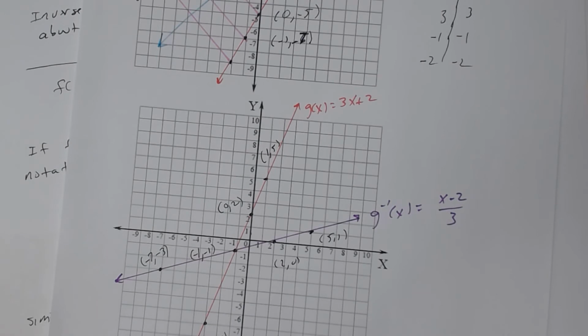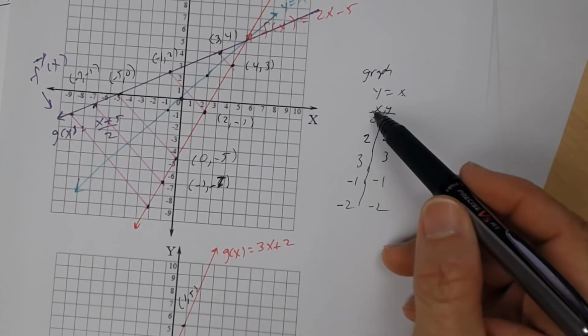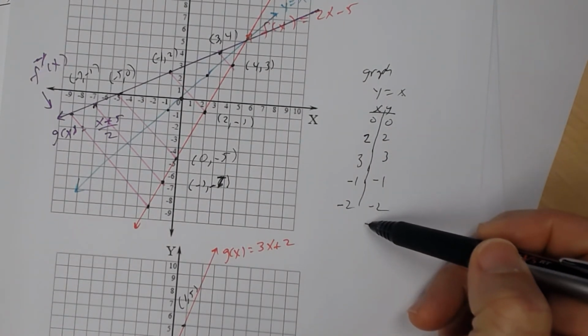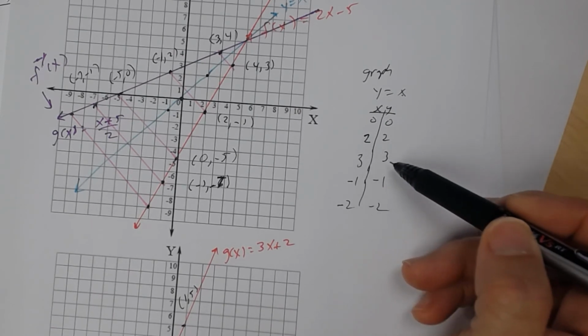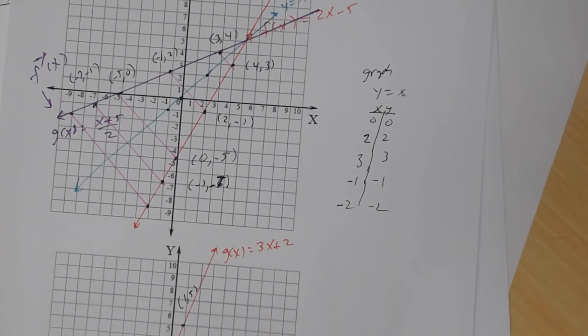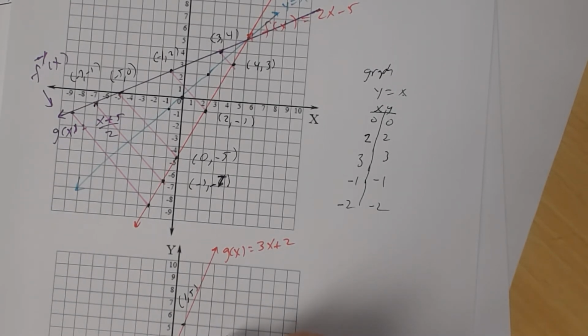So y equals x, remember, means that whatever x value you choose, the y is going to be the same value. So if x is 0, y is 0. If x is 2, y is 2. If x is 3, y is 3. If x is -1, y is -1, and so on. Okay, so (2, 2), (-4, -4), I'm just picking some points here. (5, 5).